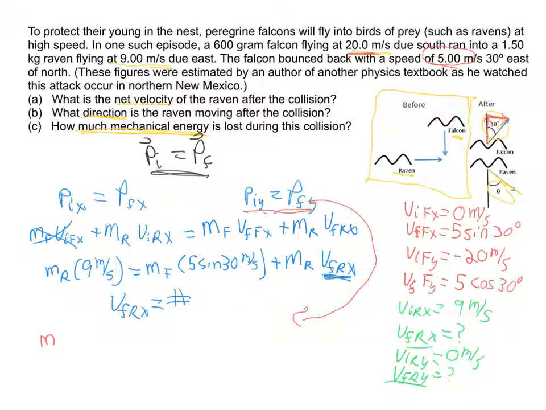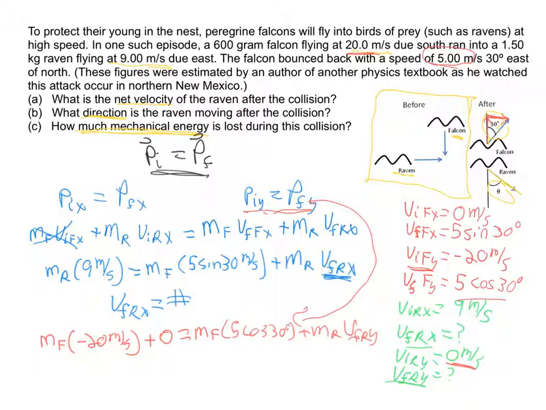Again, we can do the mass of the falcon times the initial velocity of the falcon in the y, which is the negative 20 meters per second, plus the mass of the raven times the initial velocity of the raven in the y, which is just 0, so plus 0, equals the mass of the falcon times that final velocity of the falcon in the y, which is the 5 cosine 30 degrees, and then plus the mass of the raven times that unknown final velocity of the raven in the y direction as well.